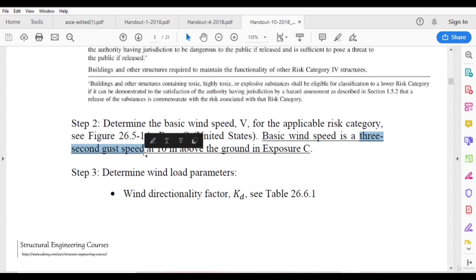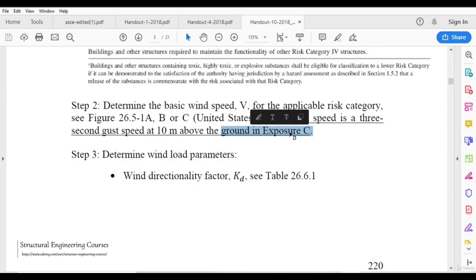So whenever someone says that they need to design a building for 100 km per hour basic wind speed as per the American standard, it means that it is a 3-second gust speed at 10 meter above the ground in exposure category C. Exposure category is another concept that we shall learn after some pages.